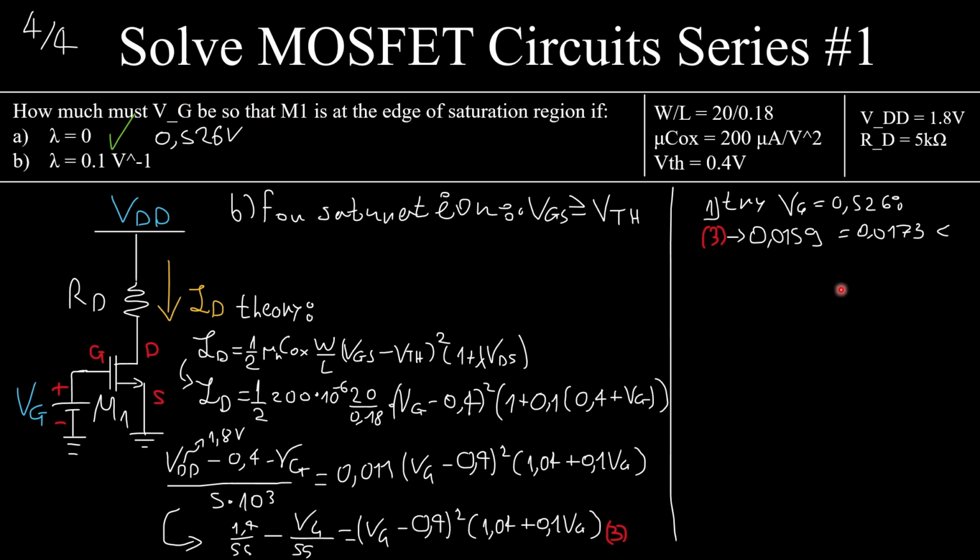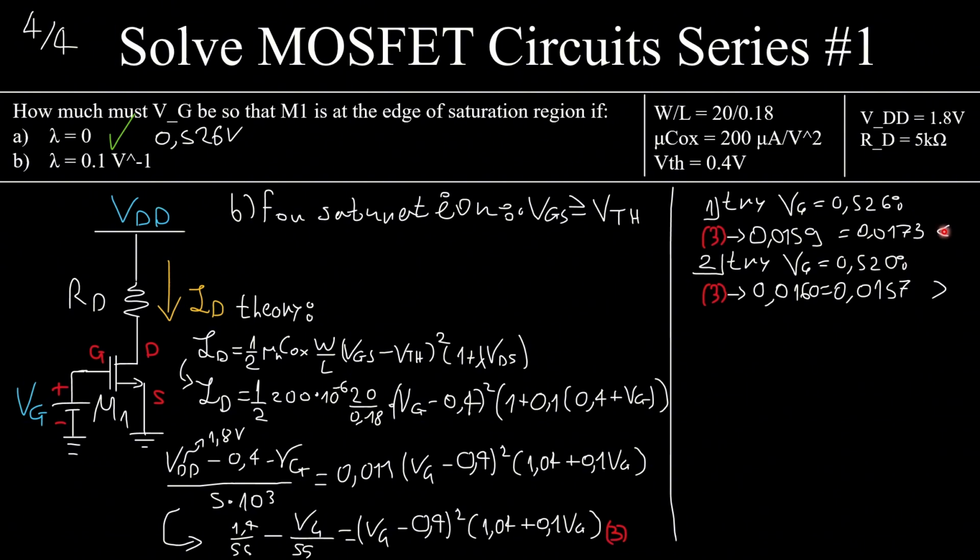Well, what if I try a slightly smaller value, because I know the voltage of the gate must be a bit smaller, and I try this value, 520 millivolts. I replace again this value here, and thank God, this part of the equation is higher than this part of the equation this time.